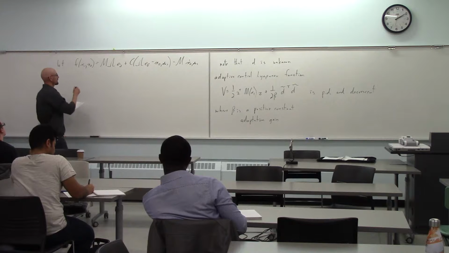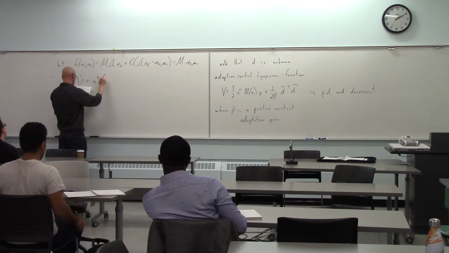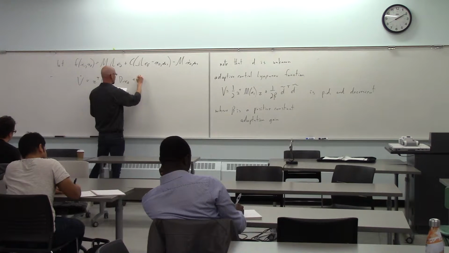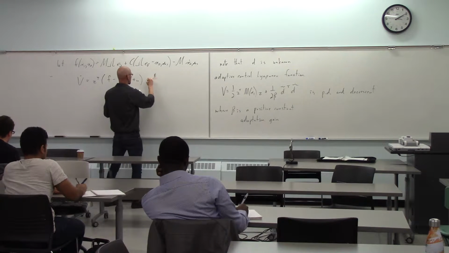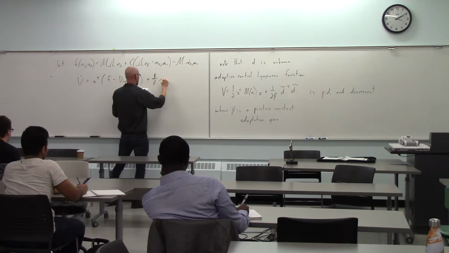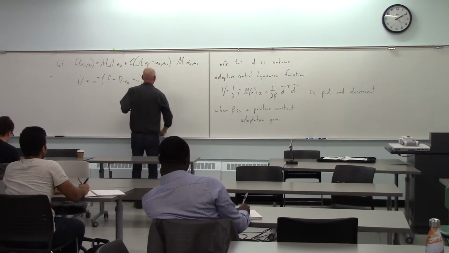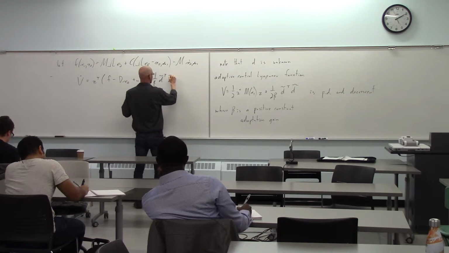So in that case, what we ended up with was V dot equals z transpose times f minus d x2 plus u, plus 1 over beta d tilde d tilde dot.